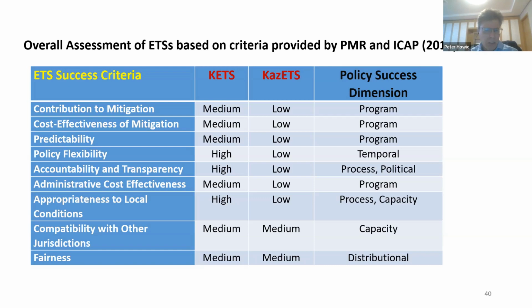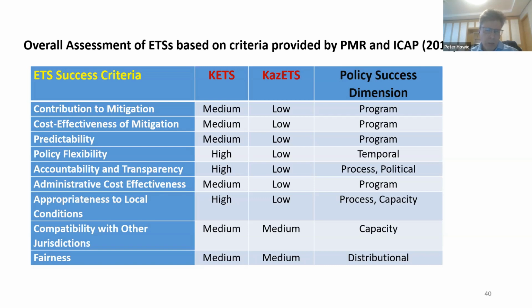In comparison, the Korean ETS has done remarkably well on 3 dimensions. It's done well on temporal, political, and process and capacity. And it's done acceptably on program and distributional issues.